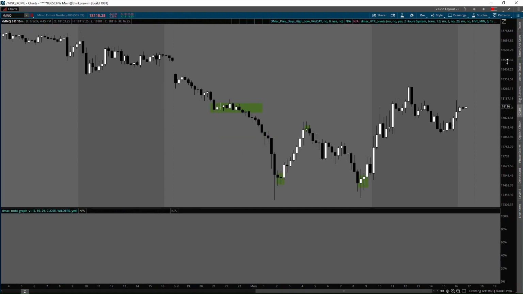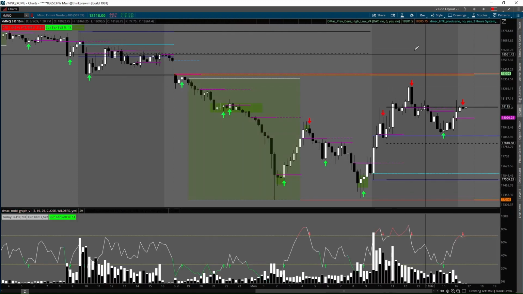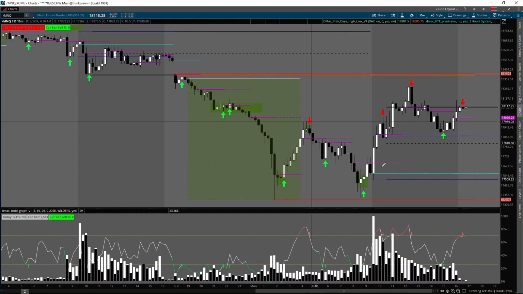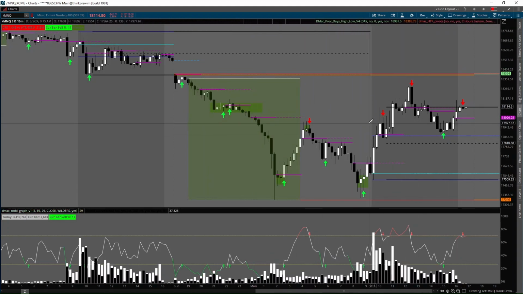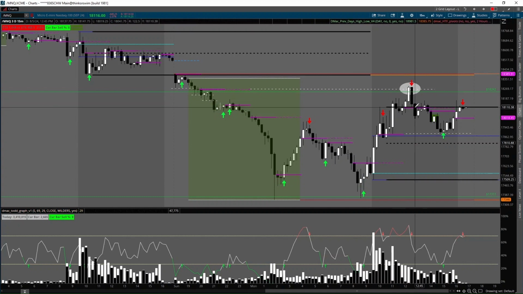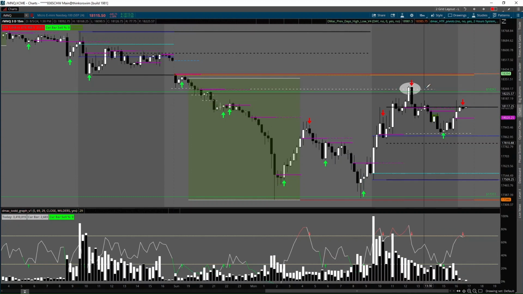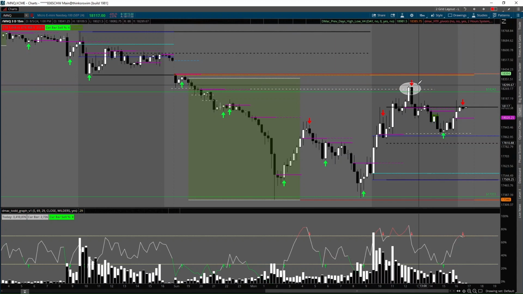Let it load. I'm not going to get into what the lines are right now. Okay, so for example, this was a very large trade for me today, and I've circled it.